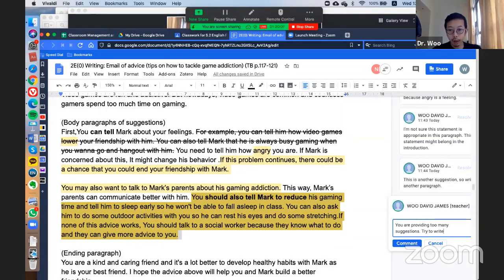Try to write one paragraph about one suggestion. In the paragraph, develop the suggestion through definitions, examples, reasons, and consequences.